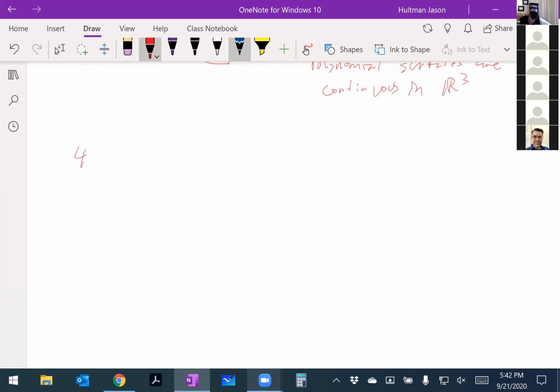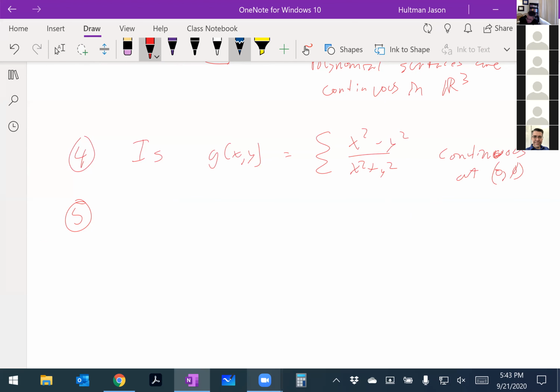Okay, so let's do 4 and 5 real quick. We've already done all of the heavy lifting for this. Is g(x, y) equal to x squared minus y squared over x squared plus y squared continuous at (0, 0)? Well, does the limit exist? We need to know if the limit exists, and then we need to know if the function is the same as the limit.